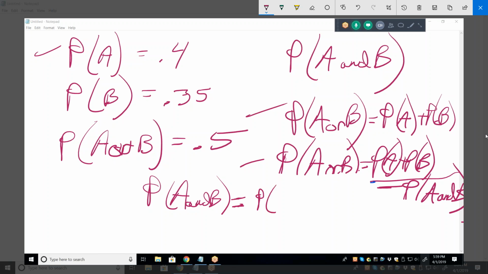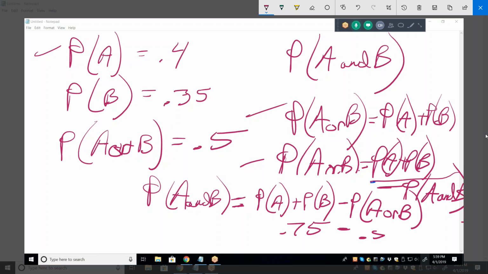So I got the probability of A plus the probability of B minus the probability of A or B. And now we got 0.75 minus 0.5, so this is equal to 0.25, which is at least less than 1. So it's a possible answer. Just always know that if you make a mistake and you get probabilities greater than 1, that tells you you've made a mistake.